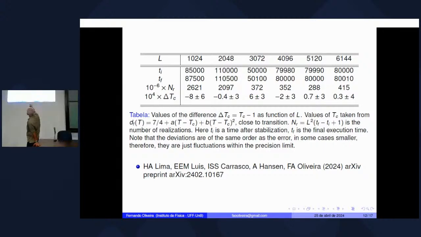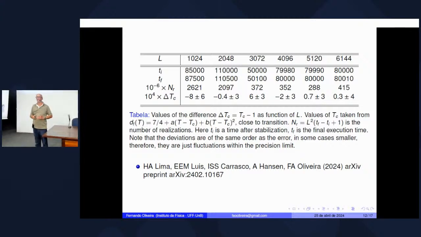Here, for example, we have 4 times 10 to the -5 as well, the same point here. So what you see here is just fluctuation. We don't even have any kind of finite size scaling. Even for 1,000, you get already good results. The numbers are just fluctuations around that.